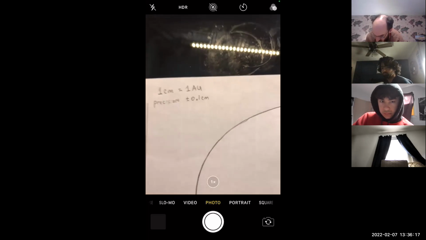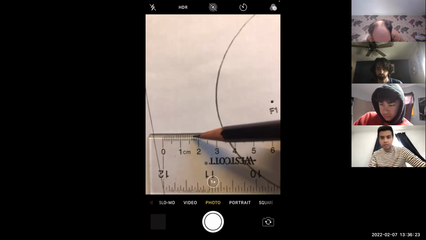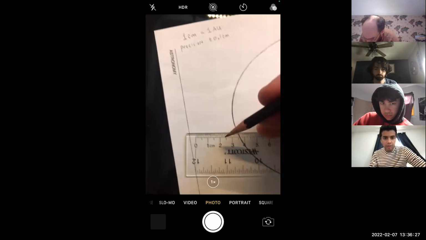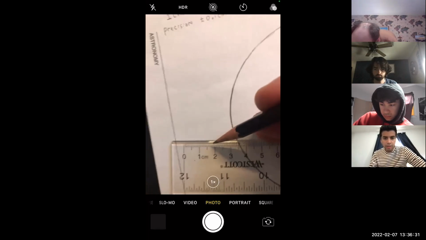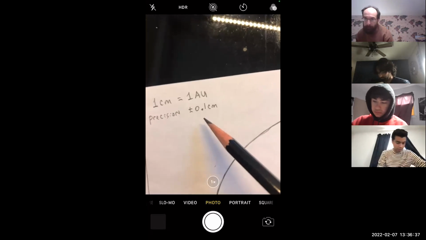So we are going to take measurements to the nearest little millimeter tick mark. If something ends up at 2 centimeters, if it's not 1.9 and it's not 2.1, you have to say 2.0 to show me that you're at the 1/10 of a centimeter precision, right?